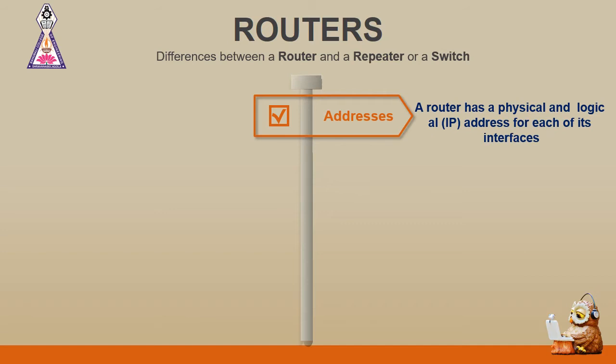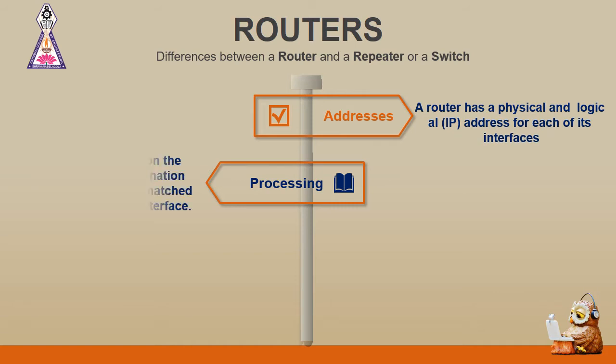But in a router, every individual interface is a point at which the host is connected to the router. So each individual interface will have its own physical address, that is the MAC address, and the logical address, or the IP address.